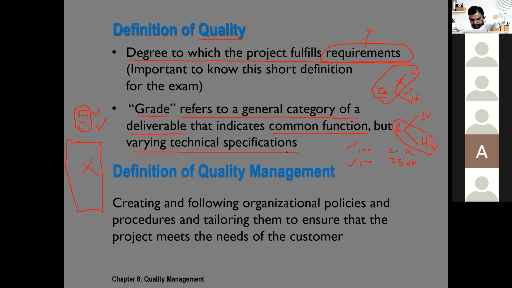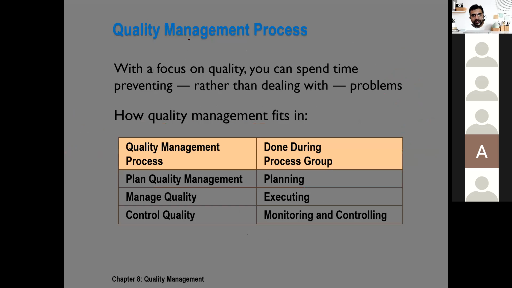Now let's go back to our first slide, where we are going to talk about the quality management process. When we talk about quality management, basically we are talking about three main processes. The first one is how we are going to plan for quality on our project. Second is how we are going to manage quality while we are executing the work, creating the work packages and the deliverables.